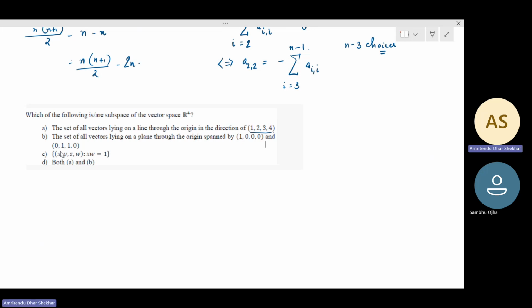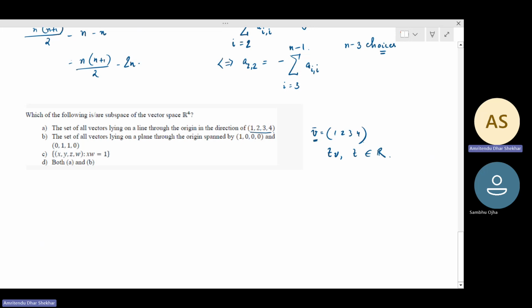Okay. So the set of all vectors lying on a line through the origin in the direction of this vector. If you take this vector 1, 2, 3, 4 as v, then all vectors that lie on the line and in the direction of this vector are going to be given by t times v, where t is any real number. Okay.